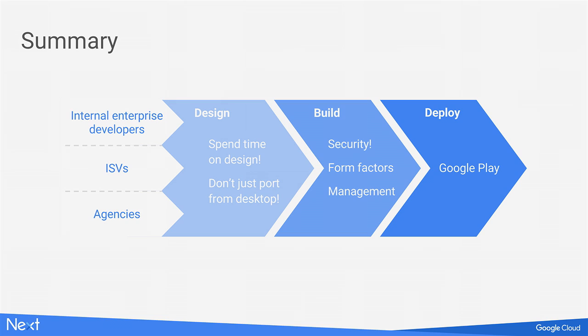Don't just port your apps from desktop. When you're building, build with security in mind first. Get consistency across your fleet by not only supporting Android, but also optimizing for Chrome OS. And enable management to have your app deployable in the largest number of situations. And then finally, deploy using Google Play for secure, reliable, and manageable deployment.